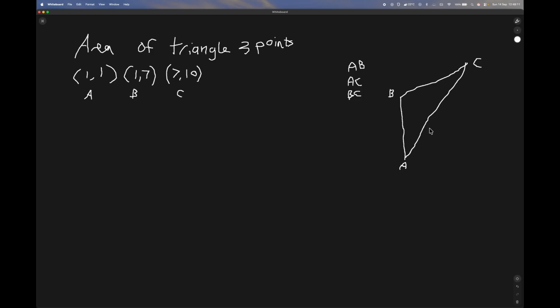C. Okay. So the distance between two points, let's call this x, let's call this one here y, let's call this one here z.